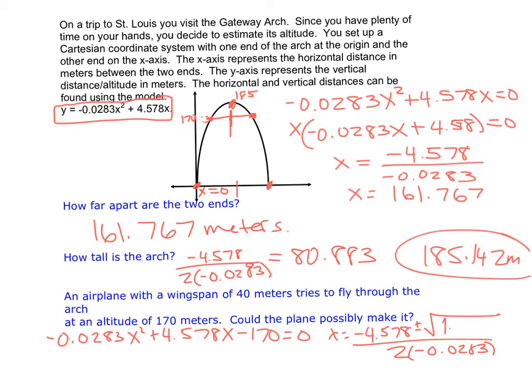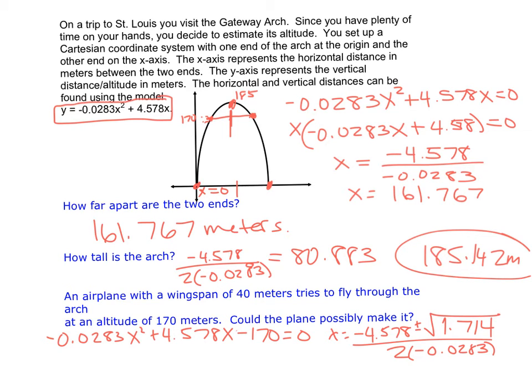I got 1.714. So we then have negative 4.578 plus the square root, divided by 2 times 0.0283. Uh-oh, I did something wrong.